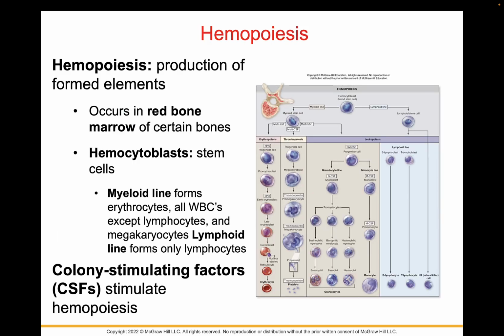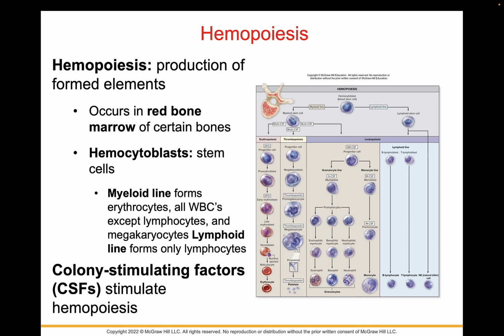Now, there are a couple of things that I want us to keep in mind with the process of hemopoiesis. And hemopoiesis is the production of formed elements. It takes place in red bone marrow of certain bones within our body. A good example would be the ileum. Basically, there are going to be stem cells, and there are two general lines, the myeloid line and the lymphoid line.